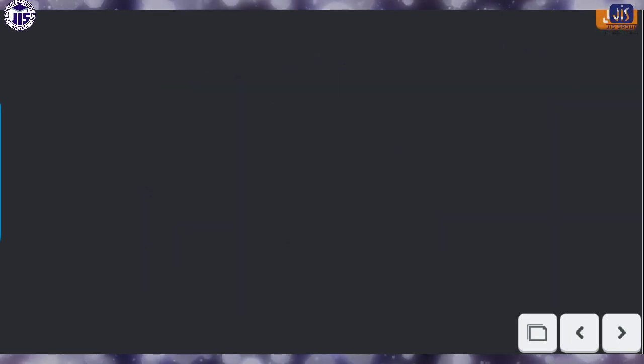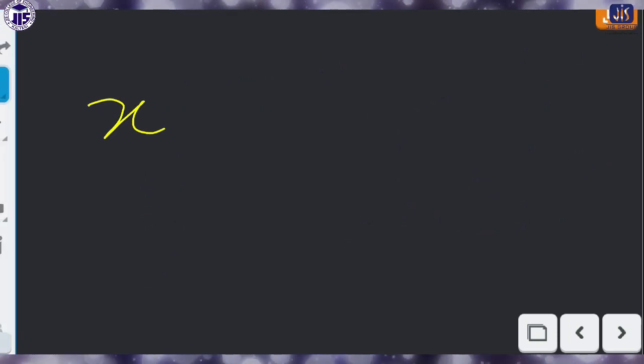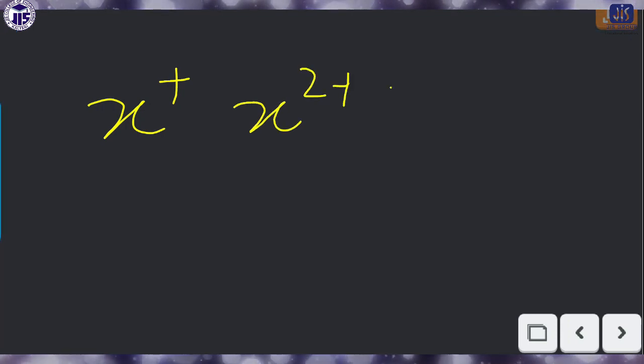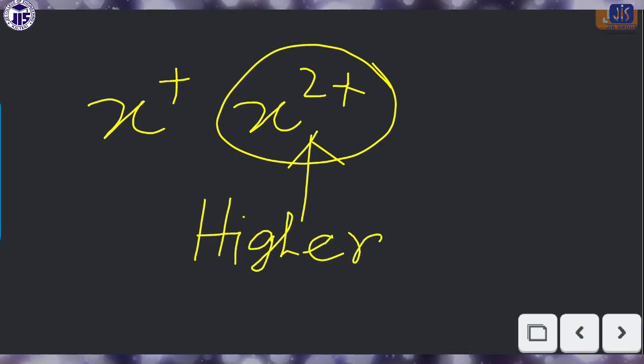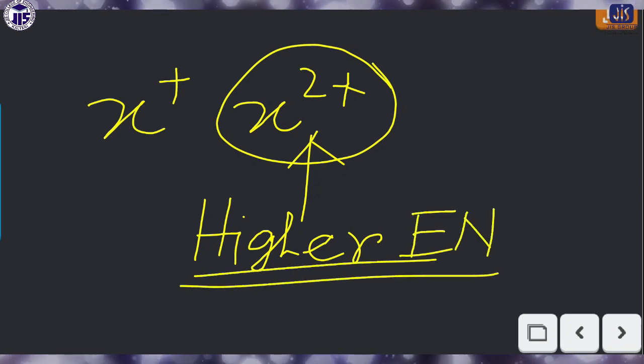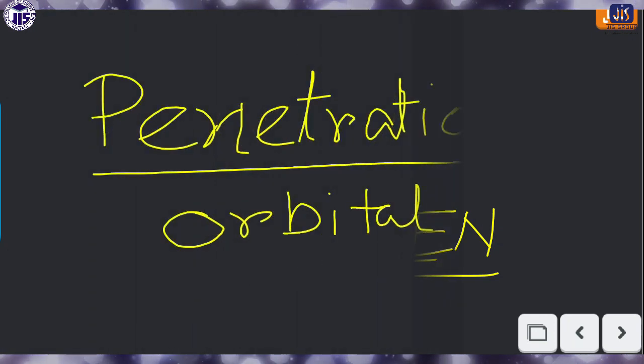Look here, if there is X plus and X2 plus, then obviously X2 plus has the higher electronegativity. In this way you have to check whether the oxidation number is very high, which indicates that the electronegativity will also be high.